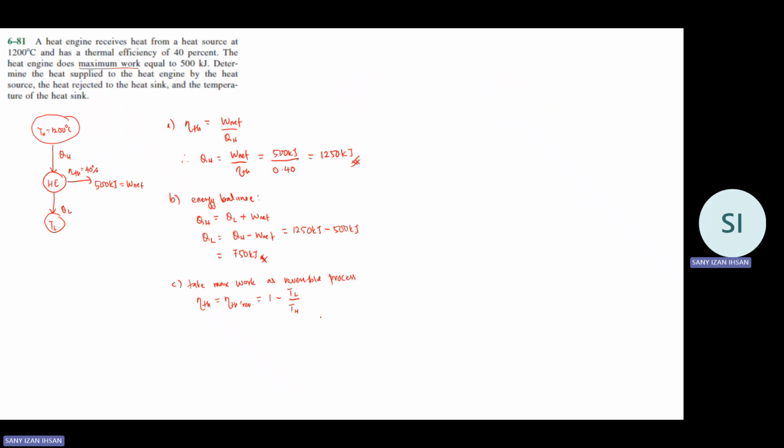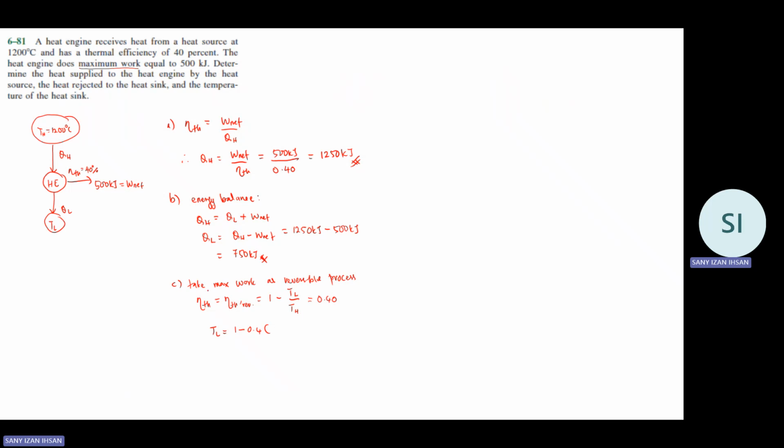So if you do this, you know already the maximum attainable efficiency is 40%, which is 0.40. If we rearrange, we have TH already given from the problem, and the efficiency, so we are left with only TL. Rearranging, TL is nothing but 1 minus 0.4, multiplied by TH.